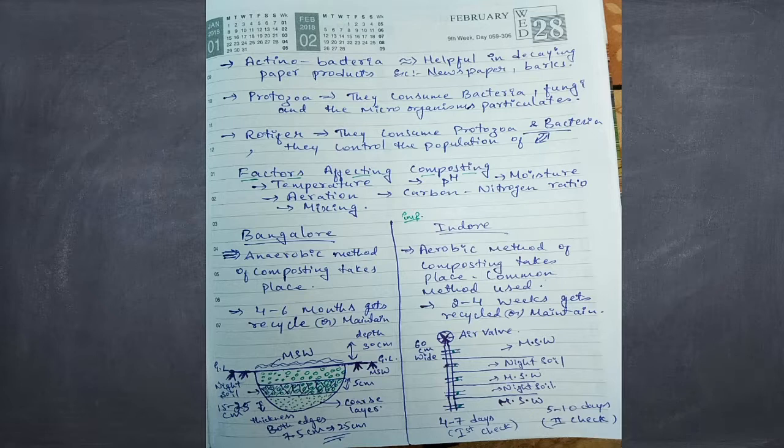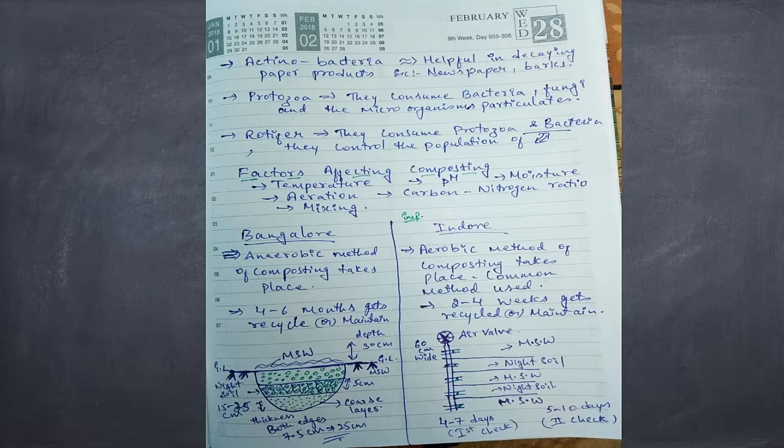Let's start with the important concepts of the Bangalore and Indore methods of composting. The Bangalore method follows anaerobic composting and the Indore method follows aerobic composting. In the Bangalore method, they recycle the waste in 4 to 6 months.